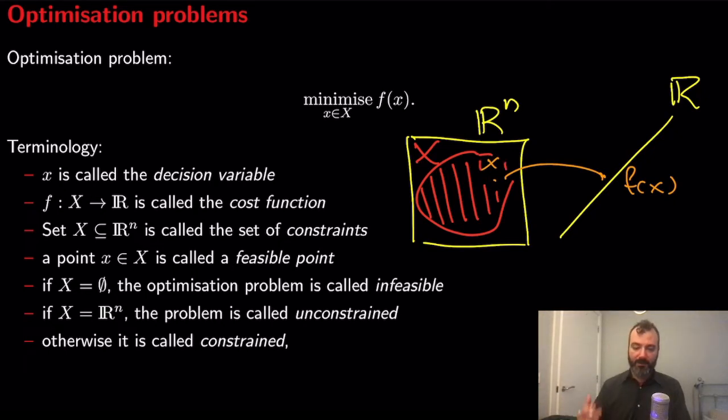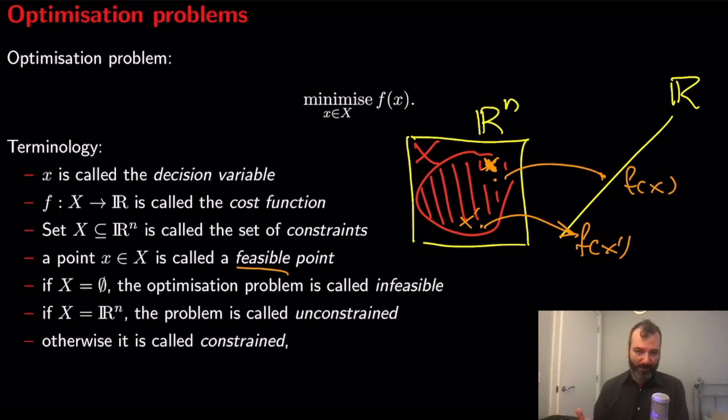It's a hard requirement. You cannot violate it. If you take a point inside this set big X, if you take this point little x, it is called a feasible point. The word feasible implies that maybe this is not the best thing you can do. Maybe there is another point here, x prime, a different point, that gives you a smaller cost, like this f of x prime can be smaller, but it's at least feasible. It's not the best thing you can do maybe, but it's okay, you can be inside there.